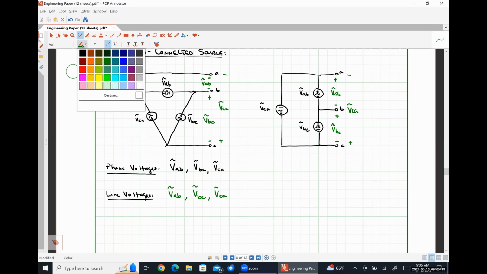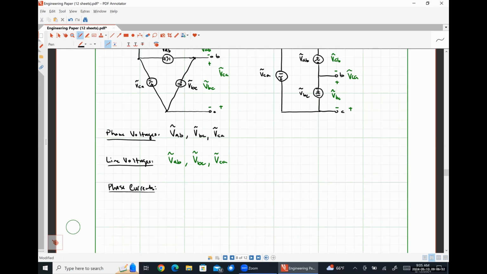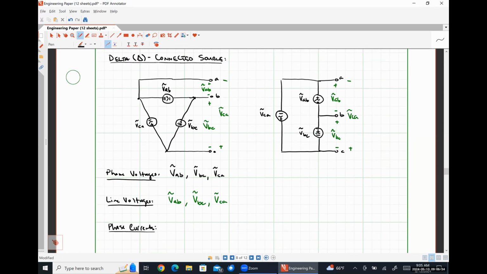All right, so now let's talk about our phase currents. Phase currents are the currents that are flowing through one phase of our voltage source. I am defining our phase currents to be flowing into the positive polarity terminal exactly like I did for our Y connected source.